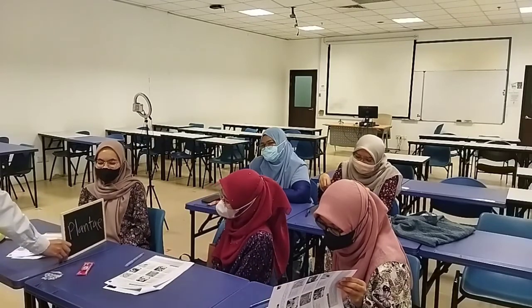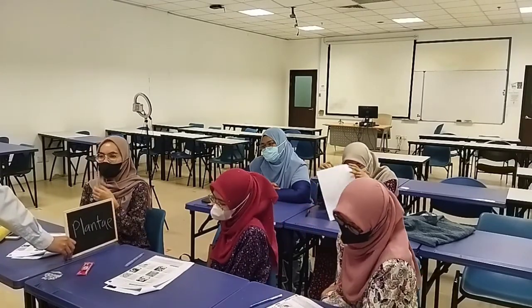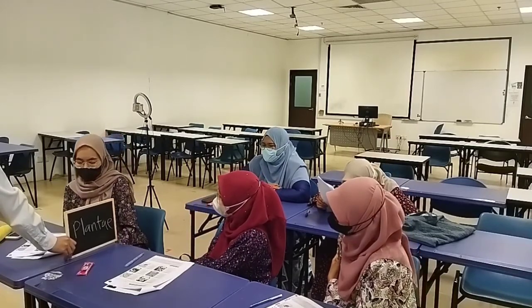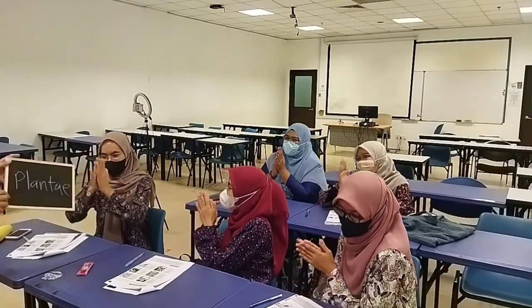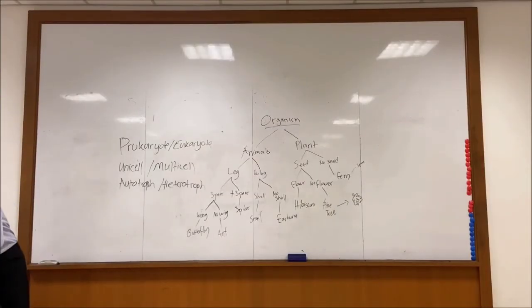Alright, so who is she? I'd like to ask, am I a eukaryote? Yes. Am I multicellular organism? Yes. The last one, am I autotroph? Yes. So I'm guessing I am plantae. Yes, that's correct. Congratulations. You also get the rewards.